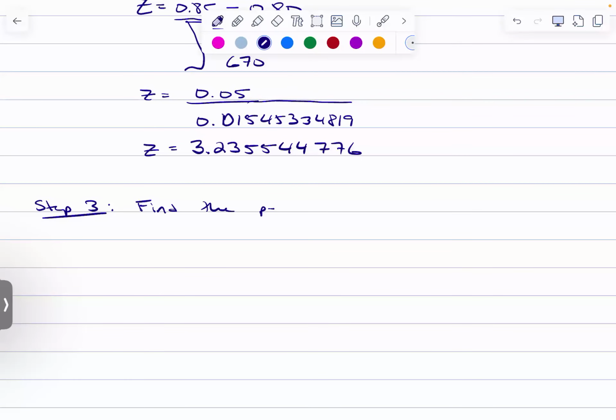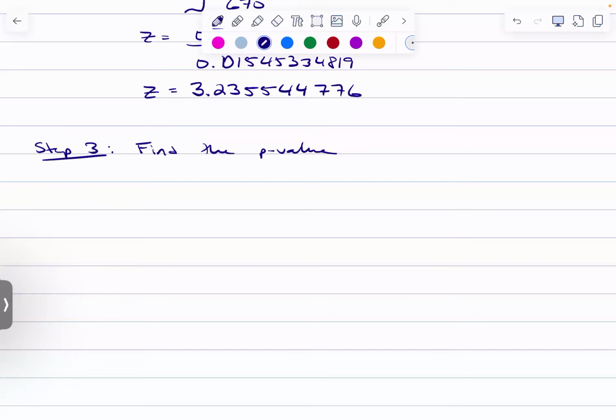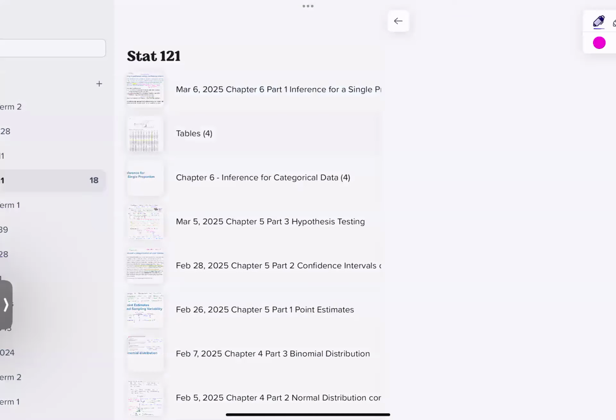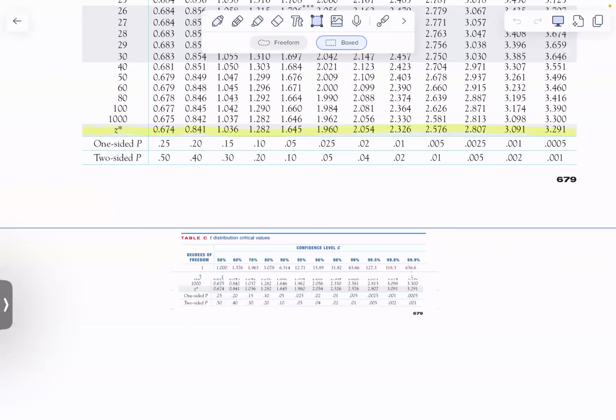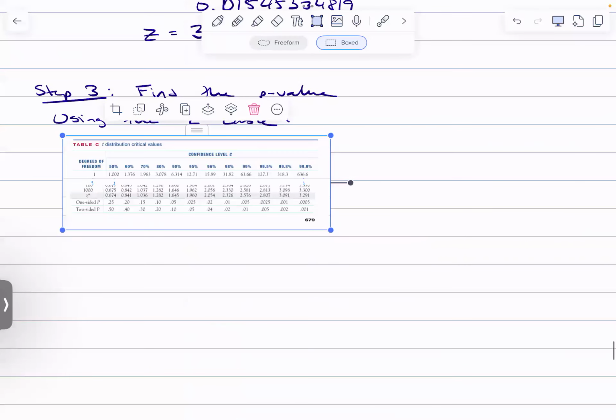So find the p-value using the T table. Let me grab this.